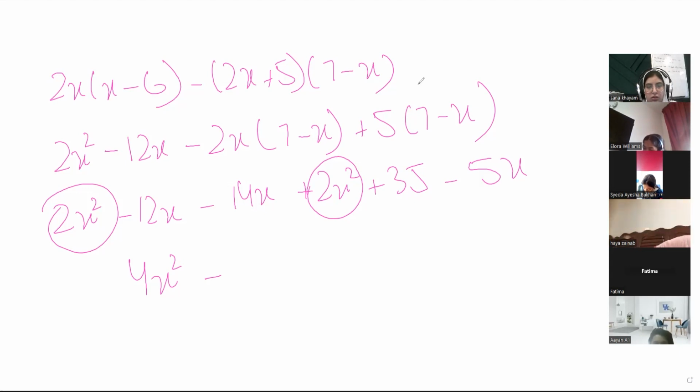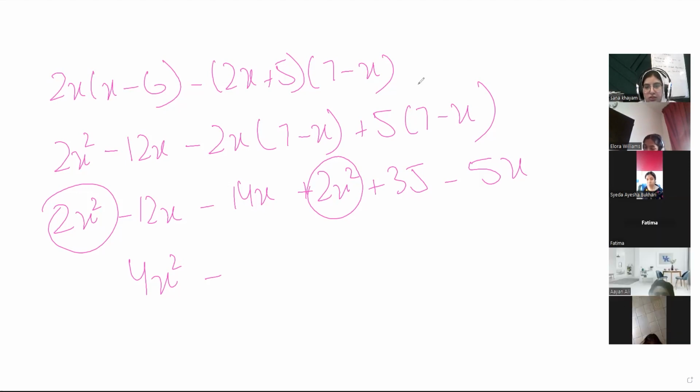Okay, so C. The sign mistake that we are having is over here. This plus is going to become minus when it multiplies with this, right? So this is going to be minus 5.